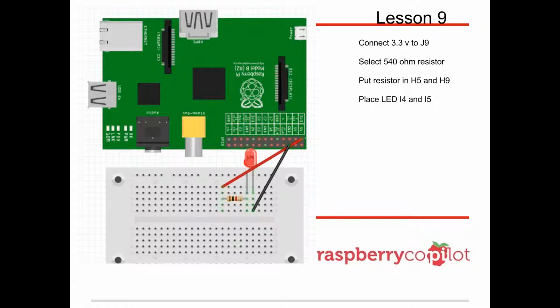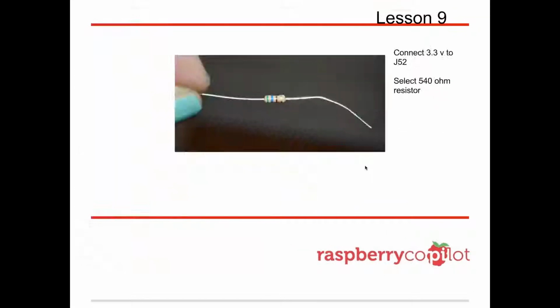And I'll put pin 1, and then I'll put down here two different colored jumper wires. All right. Good.